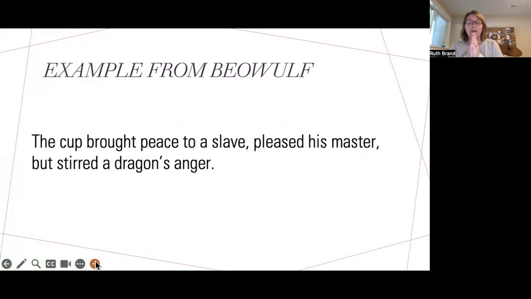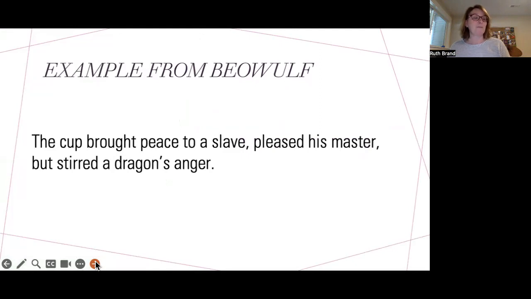Here's an example from Beowulf. Oh, this is actually from your book that you're reading. I should have put the line numbers there because I'm encouraging you to use the line numbers when you find quotes. But this is line 2,285. So it's on page 95 if you want to see it with your eyes.